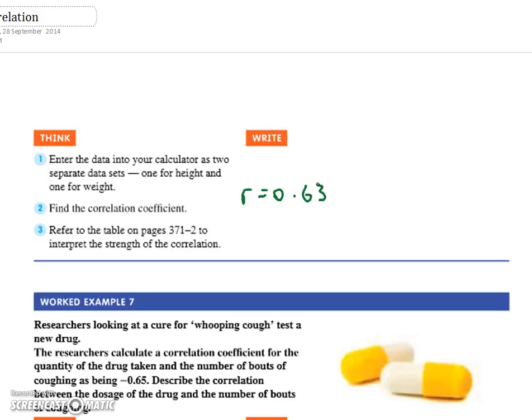Don't forget, 0 means there's no correlation. -1 is a perfect negative correlation. +1 is a perfect positive correlation. So the first thing you should be able to do is go, well, this is positive, so therefore it is a positive correlation. Now you have to interpret the strength of that. Moderate, you got that from the table? Well done. 0.6 is a bit over halfway, so moderate.